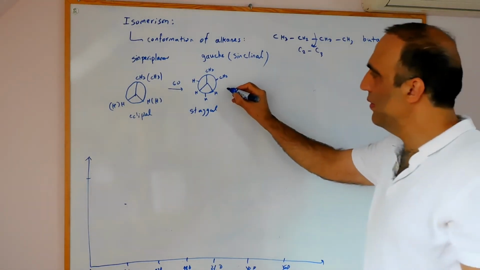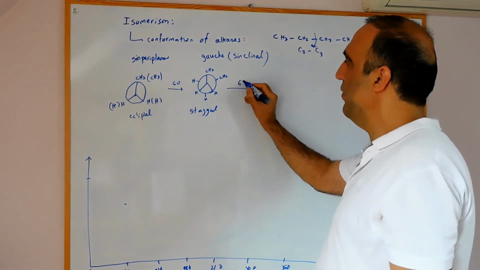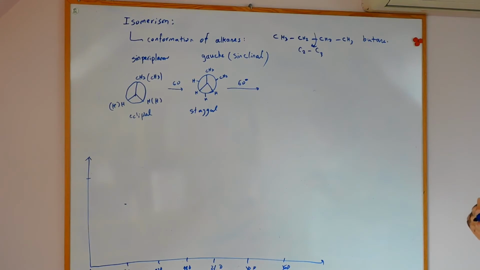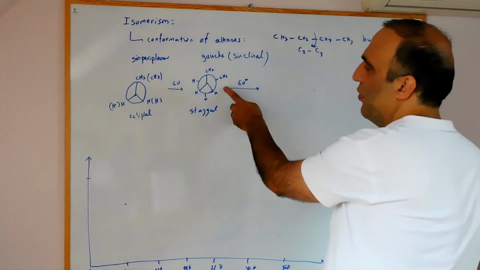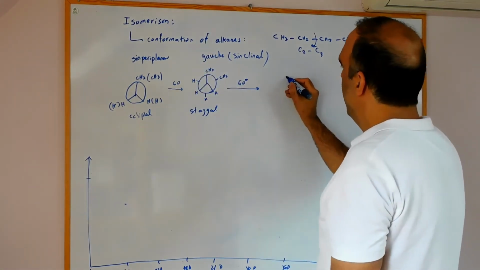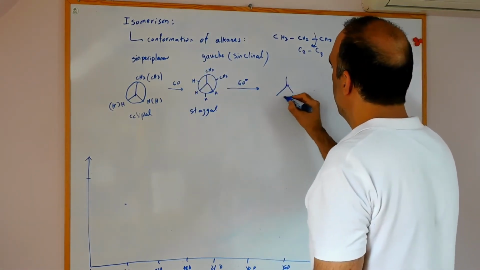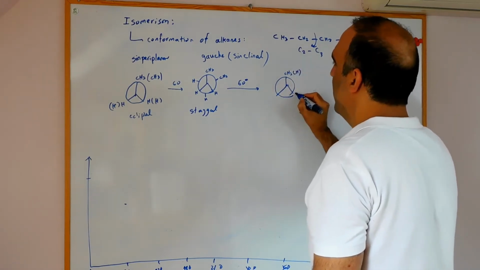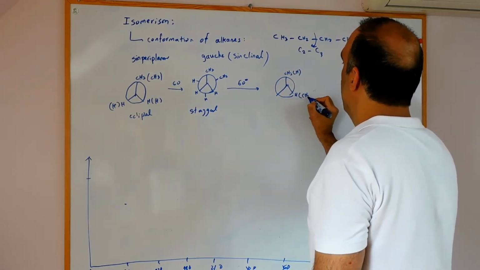And if I rotate again 60 degrees, this methyl comes here, this hydrogen goes here, and this hydrogen goes here. And in this situation, behind the methyl I will have a hydrogen, but behind hydrogen I will have a methyl.